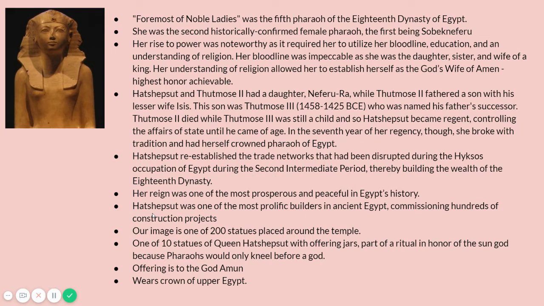So, this is one of our foremost noble ladies. She was the fifth pharaoh in the 18th dynasty of Egypt, and she was only the second historically confirmed female pharaoh. Her rise to power is such an interesting story, but to make a long story short, she had a very clean bloodline.